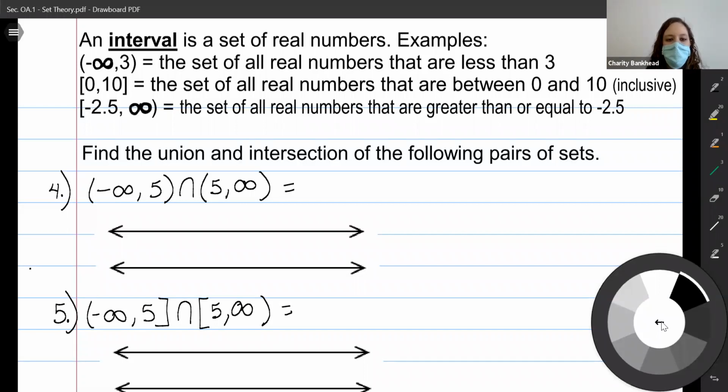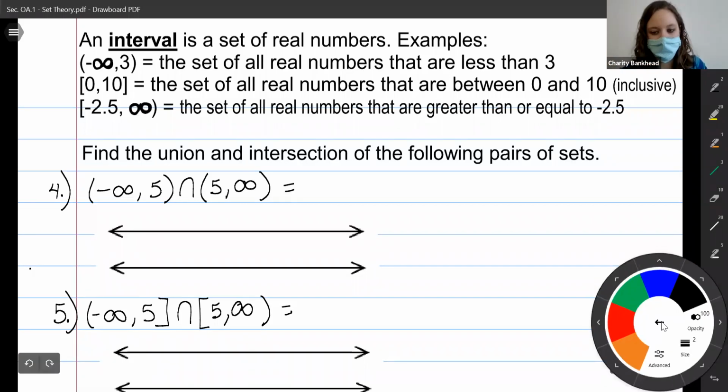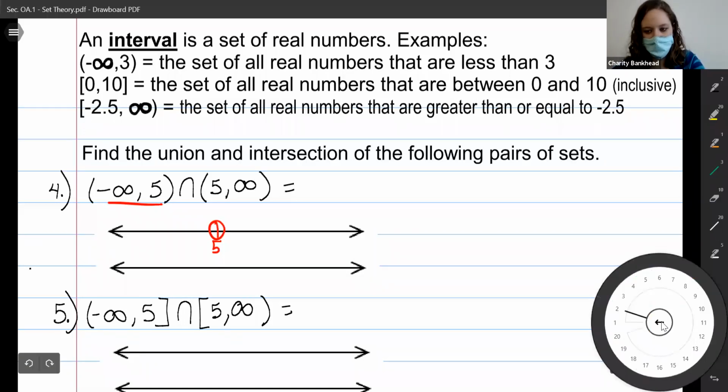Okay, so number 4, we want to do the intersection of those two sets. And I'm going to use a number line to try to help figure it out. So we have 5, open circle, and we would shade to the left.